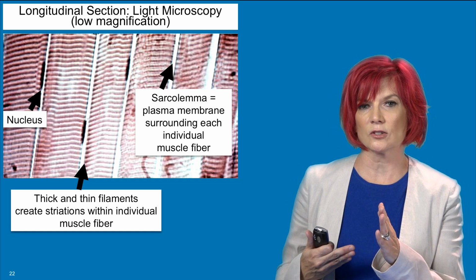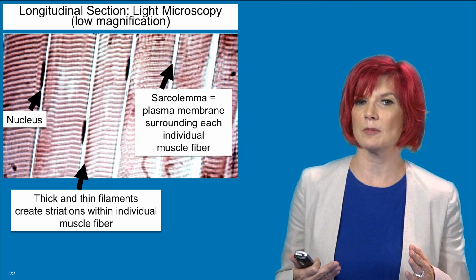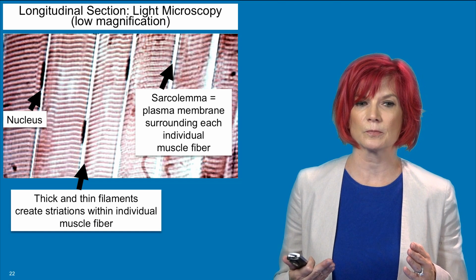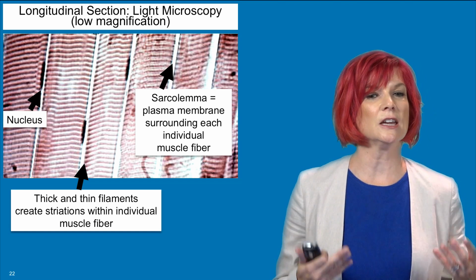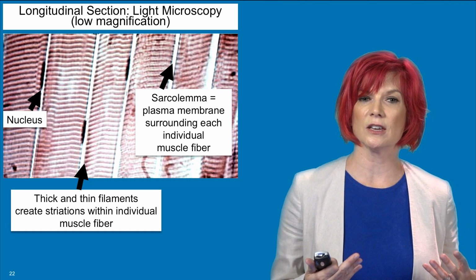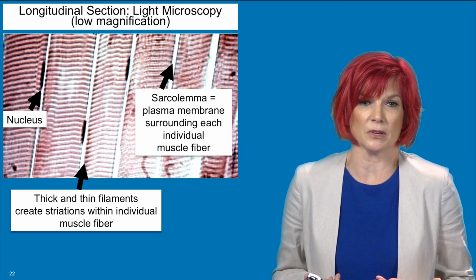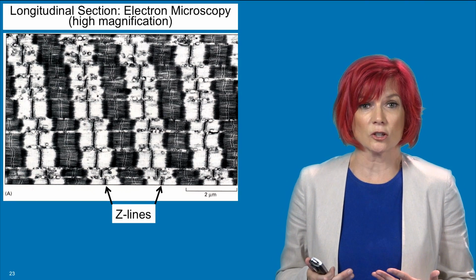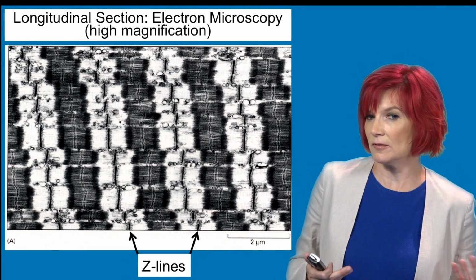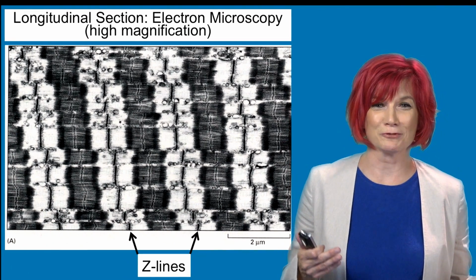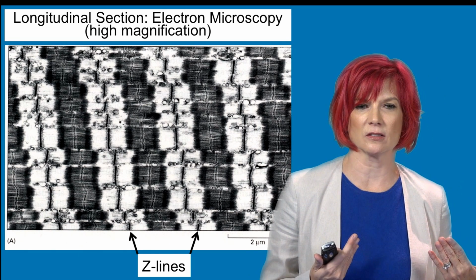Each of these skeletal muscle fibers are surrounded by a plasma membrane. That plasma membrane is called the sarcolemma. The thick and the thin filaments is what is creating that striated structure that you can see so beautifully by light microscopy. Now, if we take a closer look by electron microscopy, which gives us a higher magnification view, I hope that you can really appreciate this regular ordered structure of skeletal muscle.